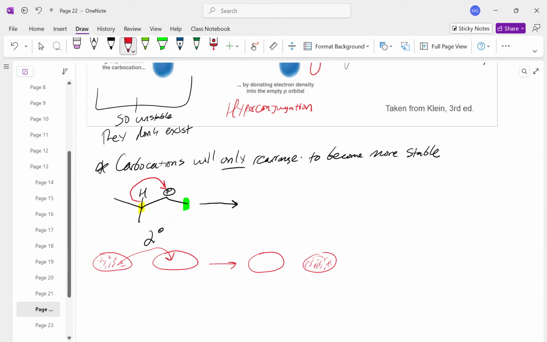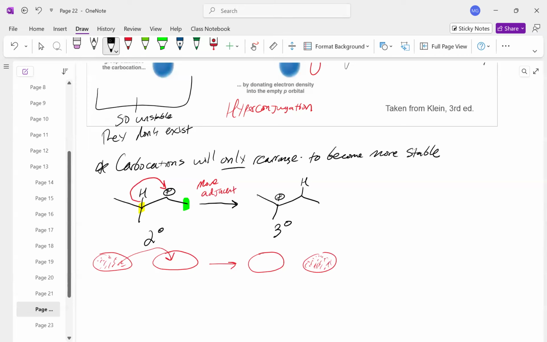I'm going to take a hydrogen with its electrons, and again, I can only move adjacent. I cannot go any farther than one carbon over. And so now this hydrogen's over here, and I have a more stable tertiary carbocation.